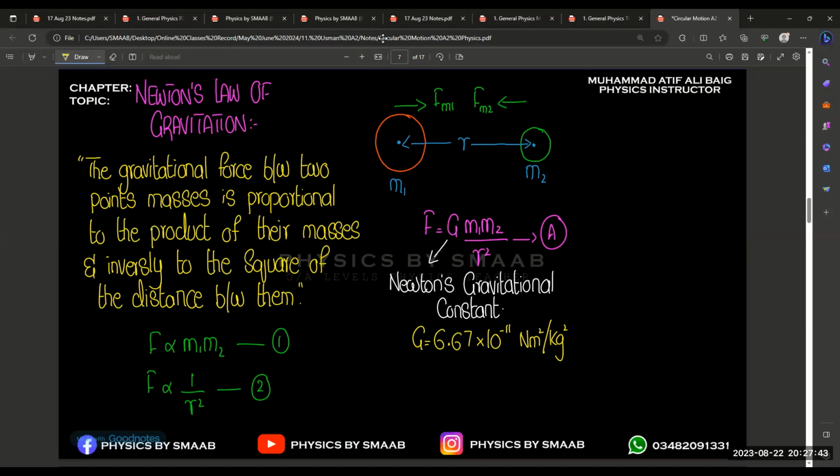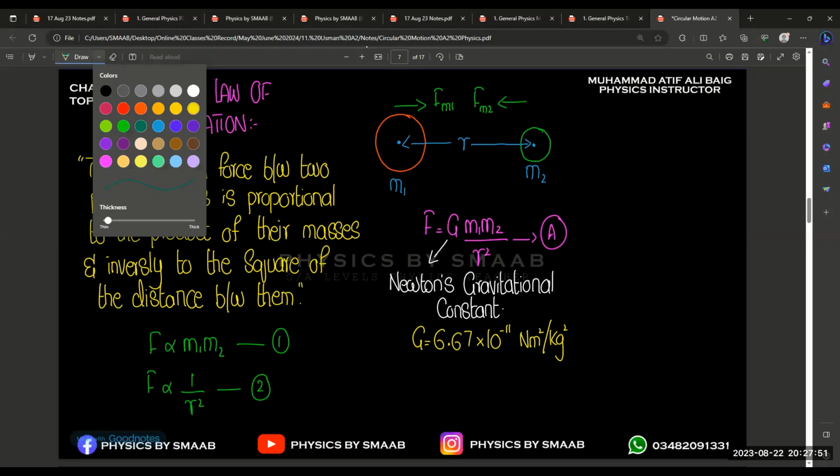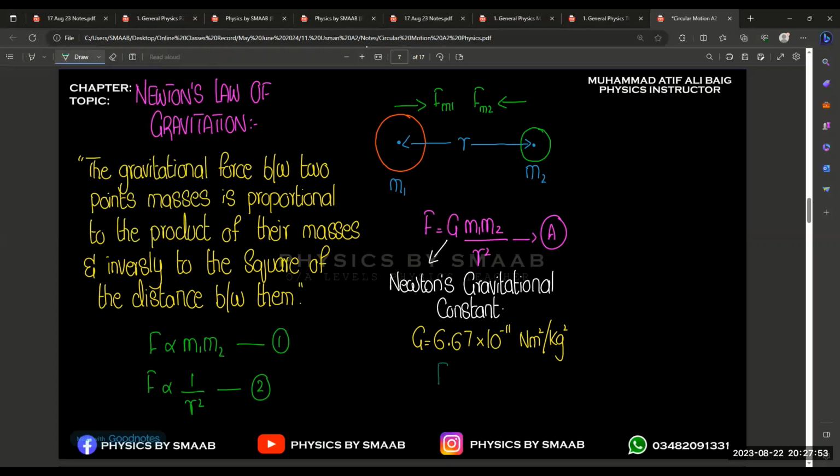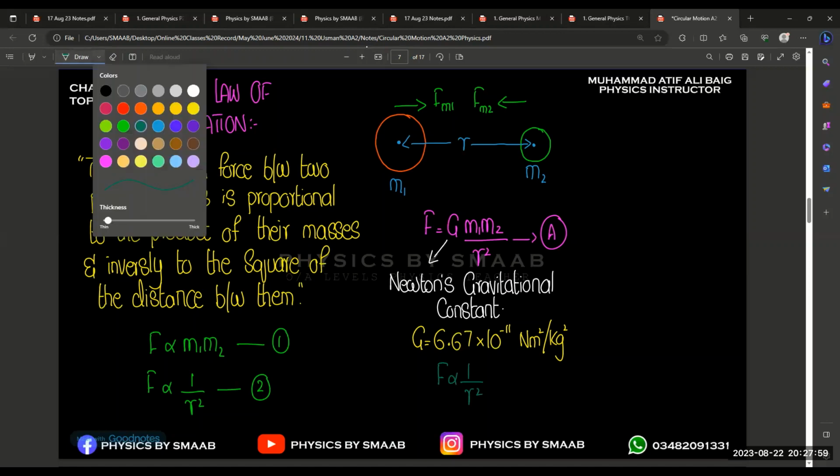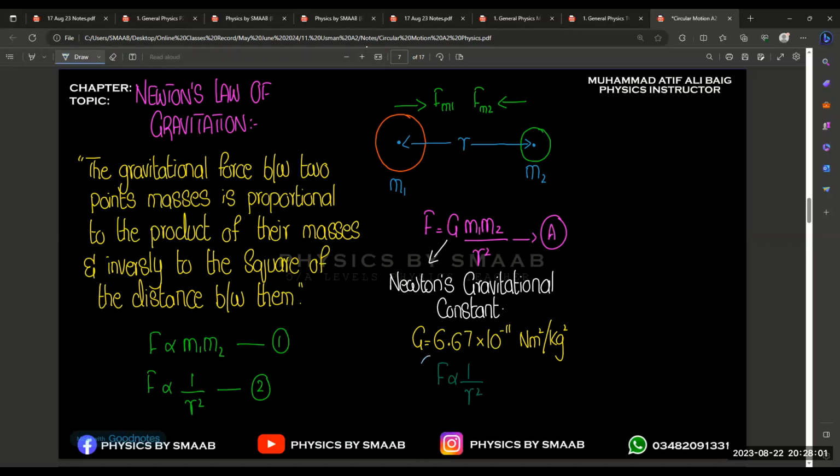So in simple words, we can say that the inverse square law means that force is inversely proportional to r square, if we take m1, m2 and capital G as constant.